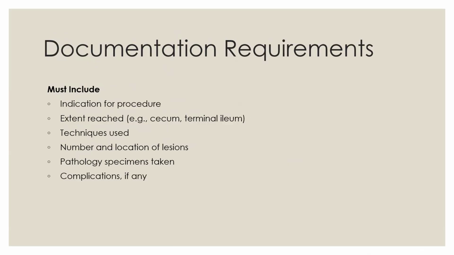This determines the correct CPT code selection. The documentation must include indication for the procedure, the extent reached, for example cecum or terminal ileum, the techniques used, the number and location of the lesions, the pathology specimens taken, and any complications, if applicable.